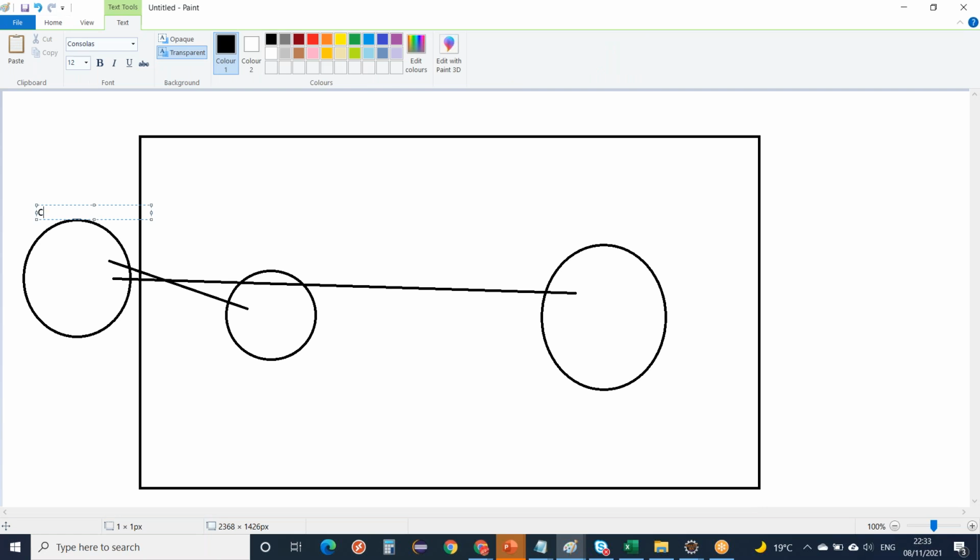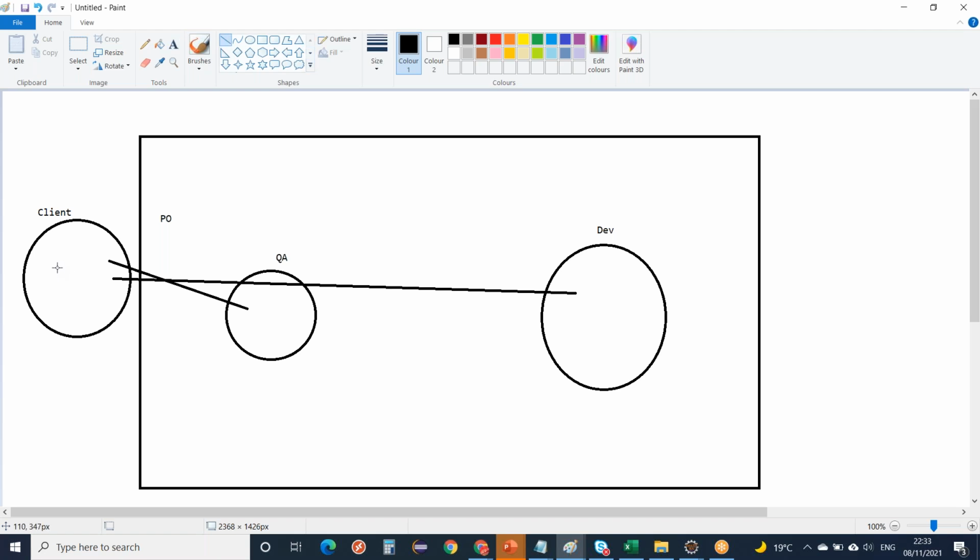So this is your client, this is the QA, these are the dev people, and there is a product owner. The product owner is a person responsible for taking all the requirements from the client. He will take the requirements and then give them to the QA and to the dev, and whatever problems or questions the QA and dev people have, they will reach out to the PO.